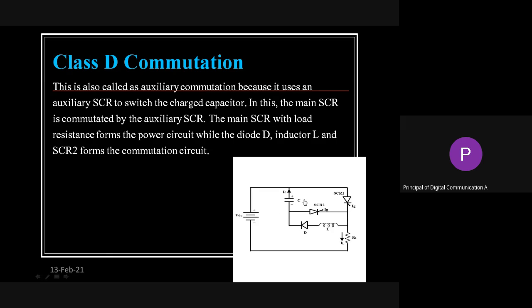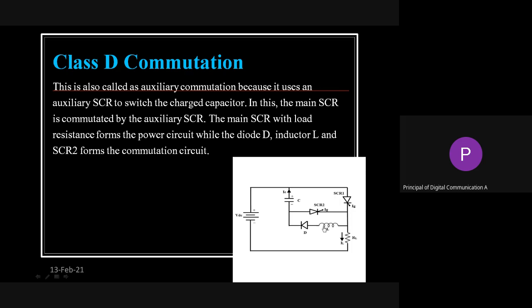At the same time another loop is going to be formed because now the capacitor is fully charged. So C, SCR1, L, D, C. So this is one more loop formed for the passing of the current. One is the outer loop and another is this inner loop through which the current is going to flow.